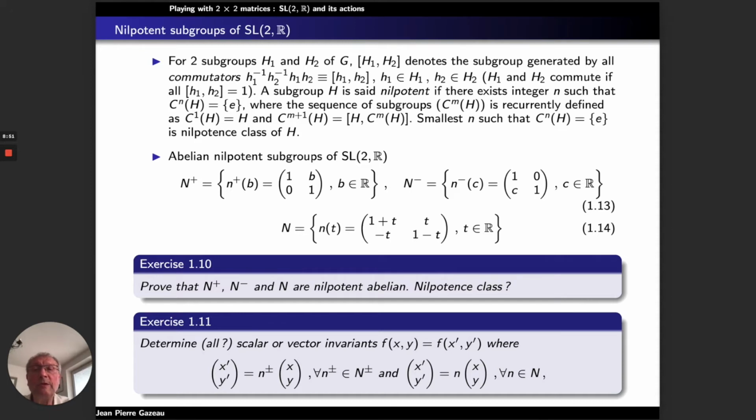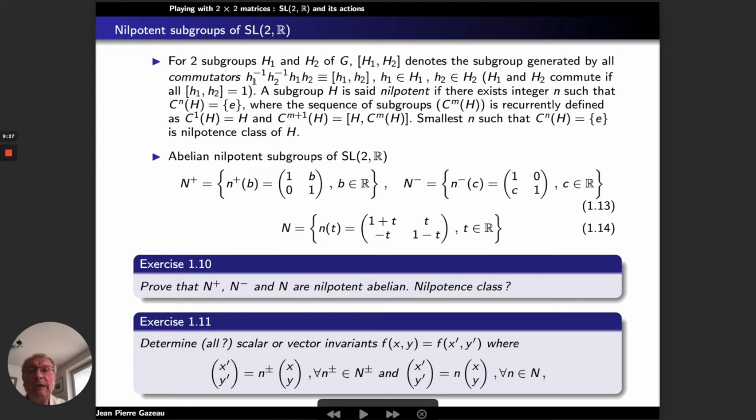For two subgroups H1 and H2 of G, we define what we call the commutator of the two subgroups, denoted by this bracket [H1, H2], the subgroup generated by all commutators, which are elements of the following form.